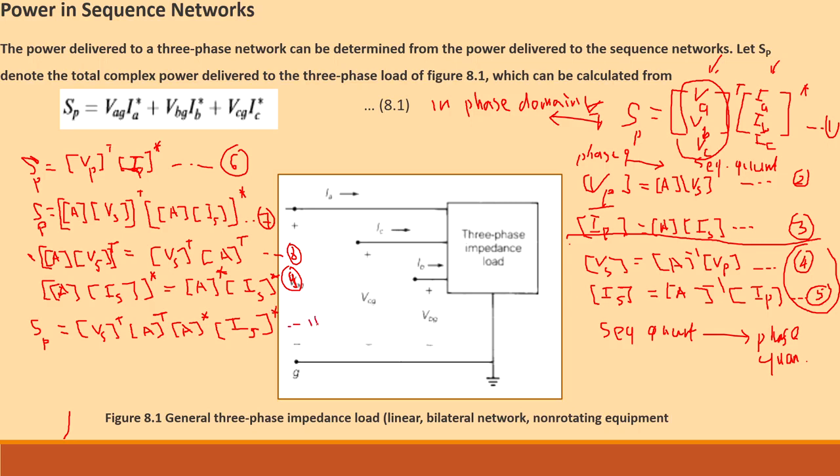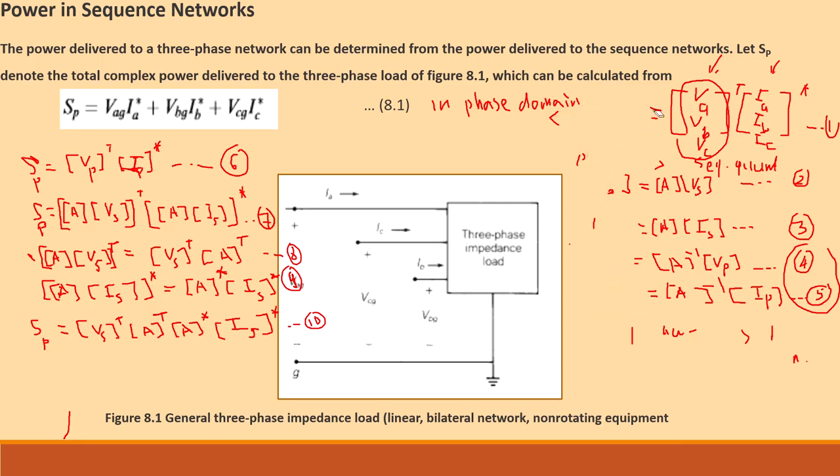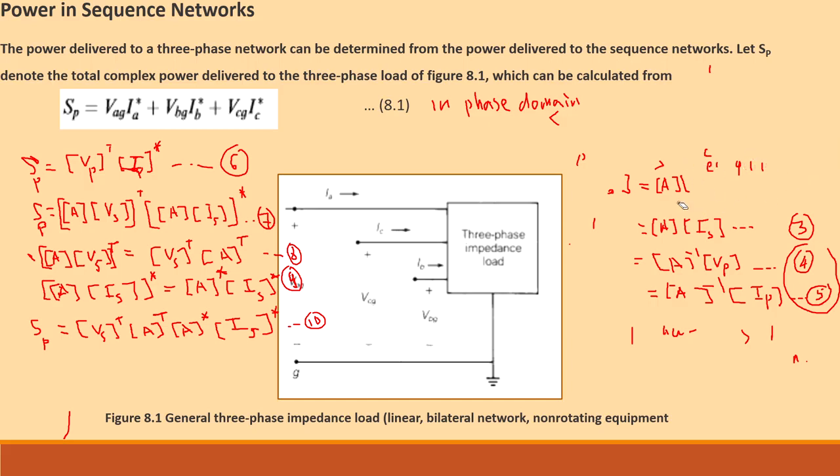This is the equation number 10. Now, as we see from the equation number 10, we have the multiplication of the matrix A transpose multiplied by A conjugate.